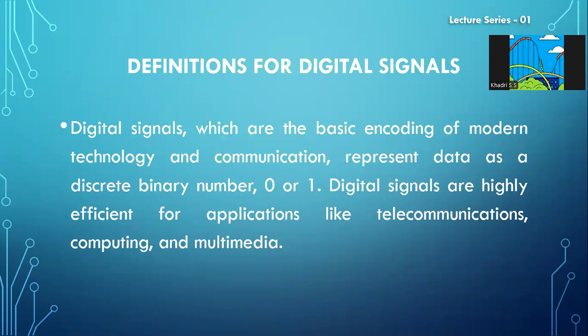These are the platforms where we use digital signals. For binary numbers, zero means no data is present; in terms of digital electricity, the power is off. Whenever we have a one, data is present and the power supply is on. Sometimes we say zero is off and one is on.